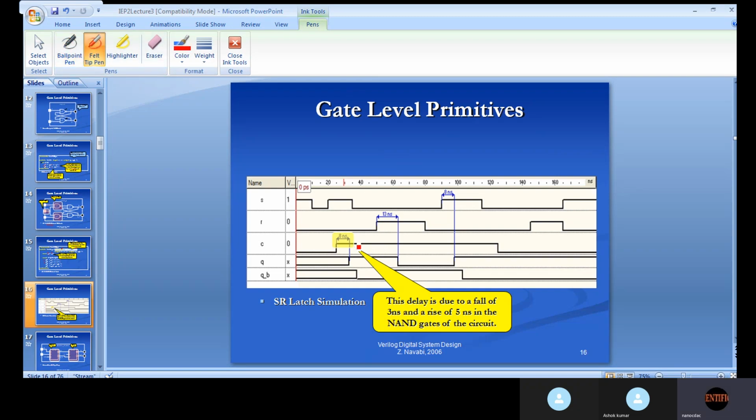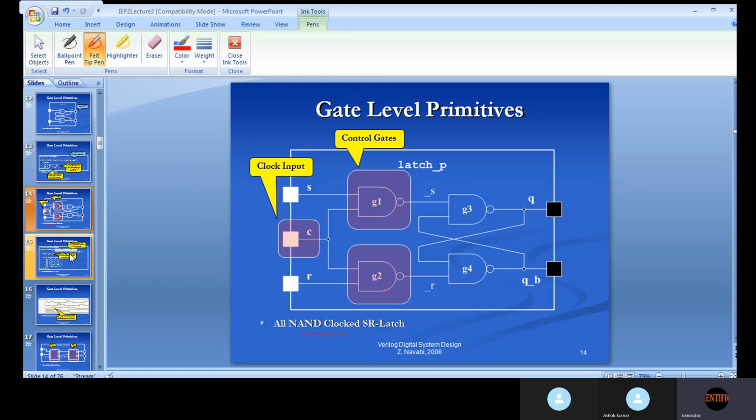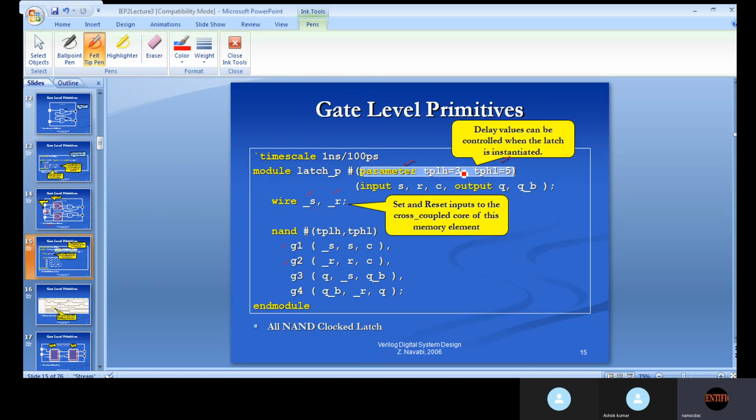So according to the rise and fall times, I am not sure about fall time, rise time, look. But I can say that according to the rise and fall times which you have given, 3 and 5, low to high is rise time, sorry, this is fall time.